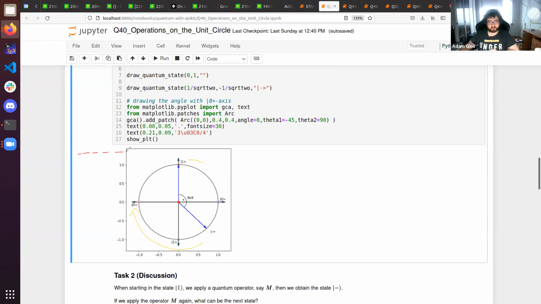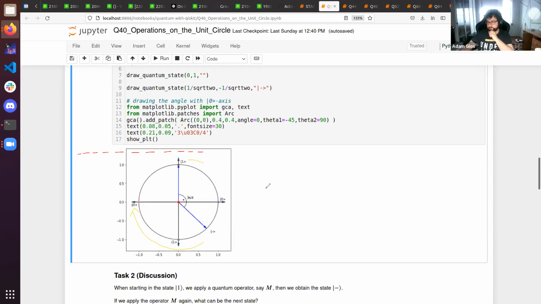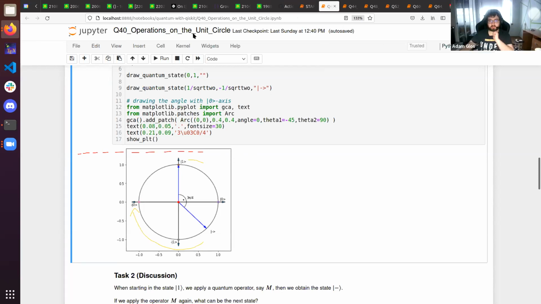Pavel, Adam, looking on your computer, after line 4 of the text it's hard, we are not able to see your lines. Okay, I really don't know what happened.